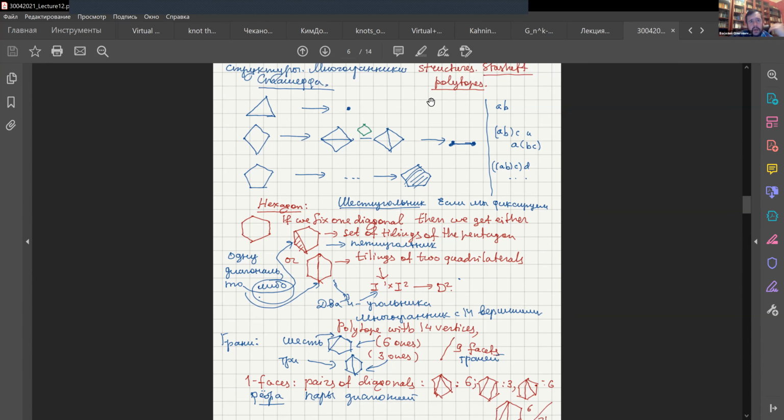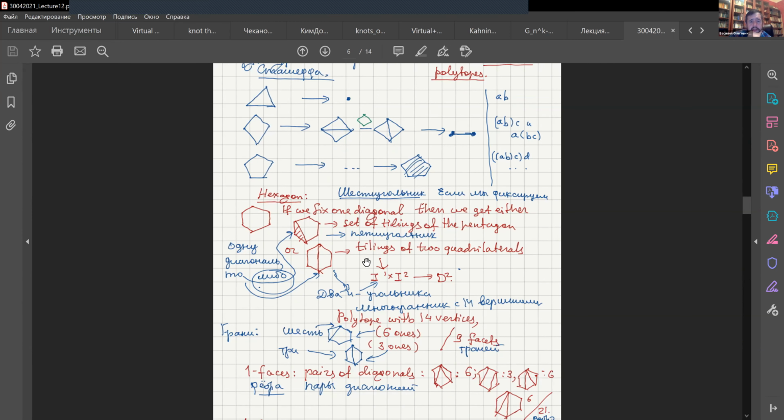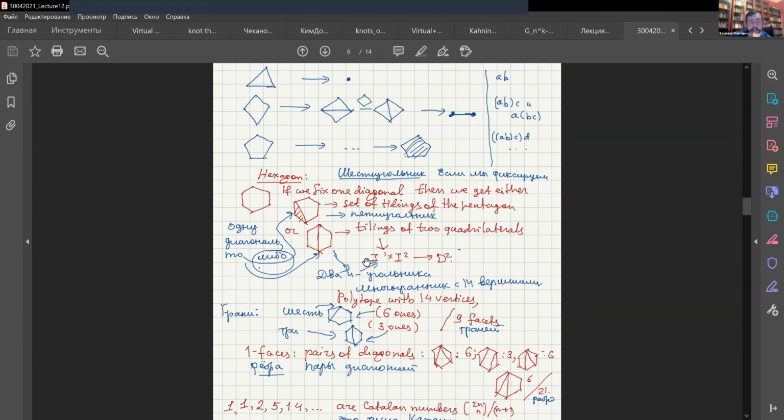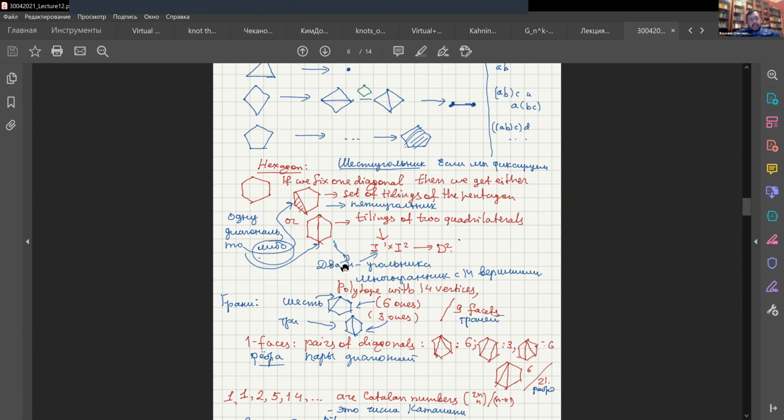So this means that my three-dimensional polytope will have quadrilateral edges and pentagonal edges. Now we can look at how many vertices it has. This is a well-known problem about possible bracketings. We will see it a bit later. And the answer is 14. This is the next Catalan number. And how can we count the number of faces?